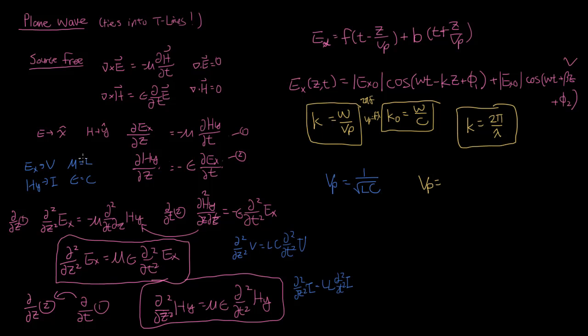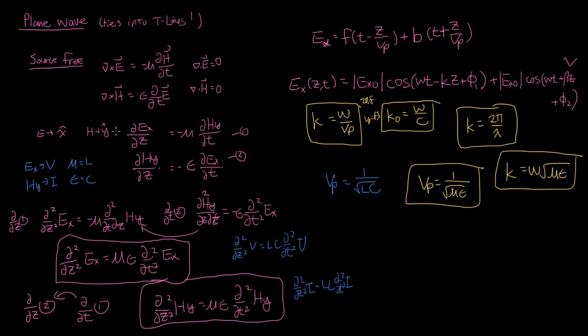Remember, our letter substitution, mu is like L and epsilon is like C. So we will find that the propagation velocity for any medium is equal to 1 over the square root of mu epsilon. And so if you plug that in here, you also get another definition of k, which is equal to omega square root mu epsilon of the material.